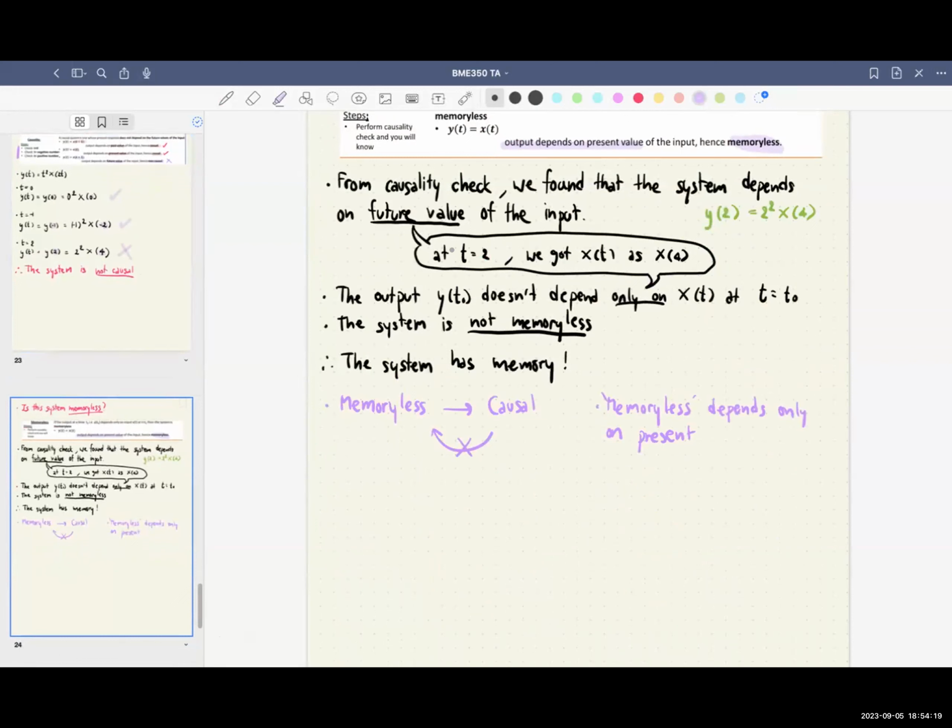So at time equal to 2, we got x(t) as x(4). That means that the output of our system depends on the future value and is not dependent on the present. Therefore, we can say the system is not memoryless. And by saying the system is not memoryless, it means that the system has memory.